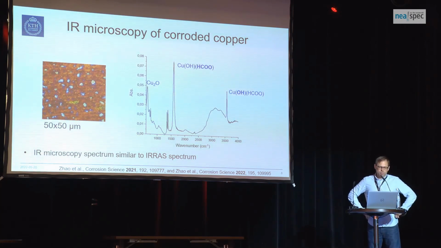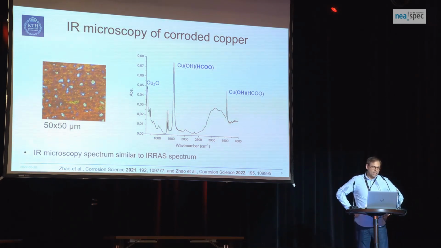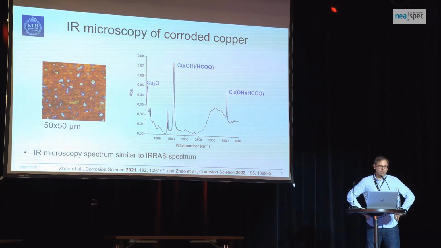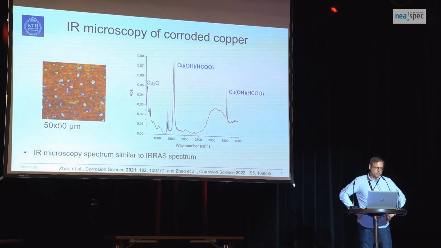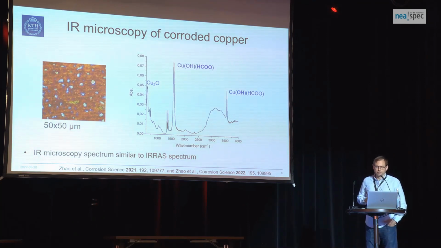So then we did some IR microscopy studies. This is conventional IR microscopy, so we just focus the beam. In our instrument, the best lateral resolution we can have is around 5 by 5 micron. This was taken at a larger area, 50 by 50 micrometers, and you can see that it looks like what we saw on the wider area.